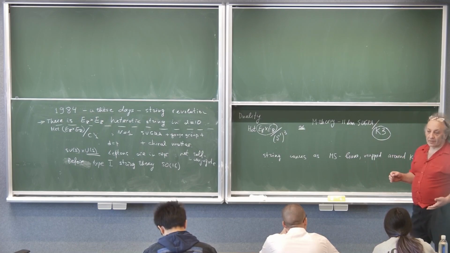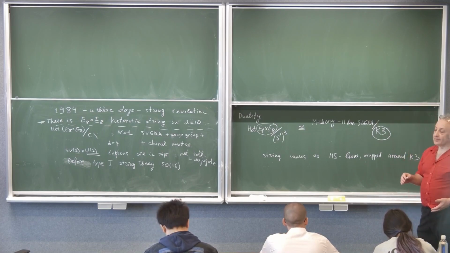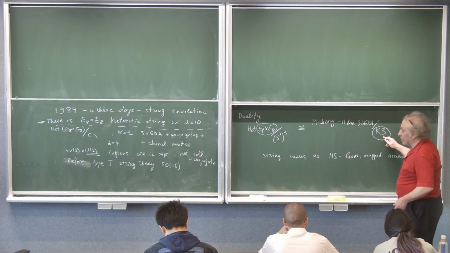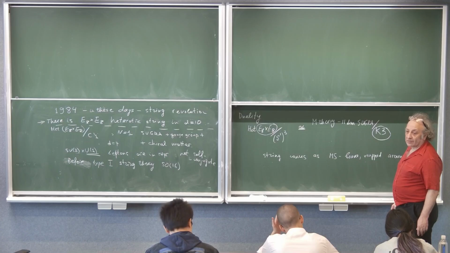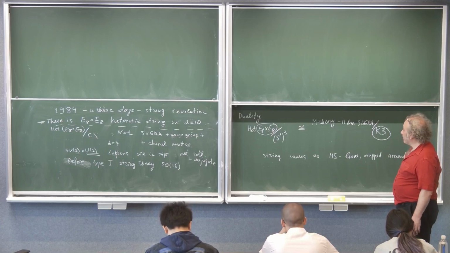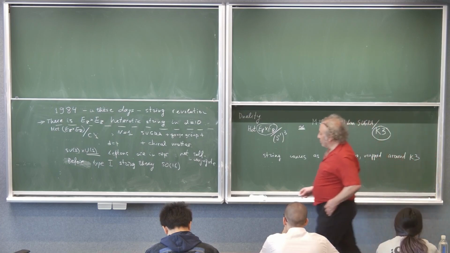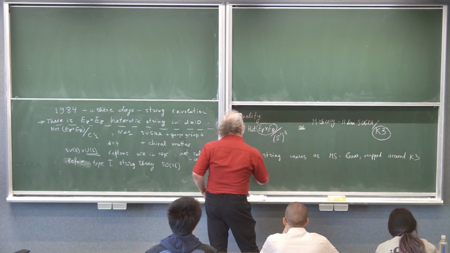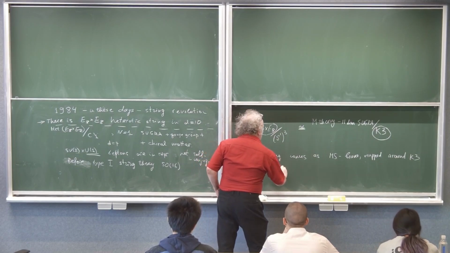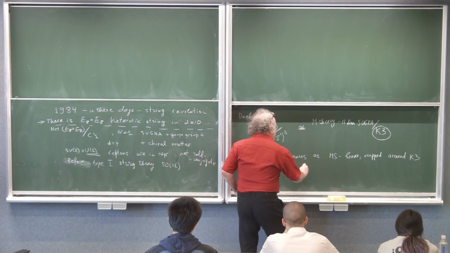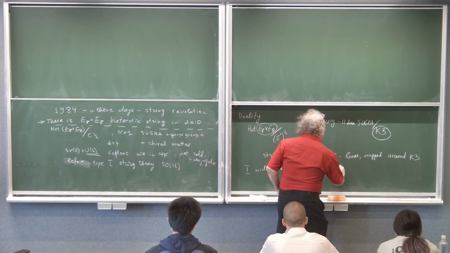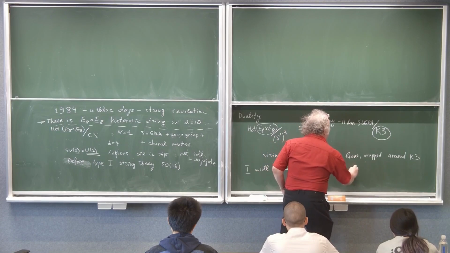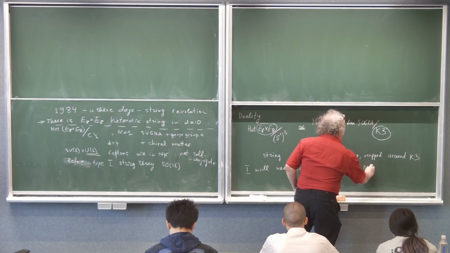So if I have a 5-brane and I wrap it about K3, I'll get a 1-brane. It's a string. So I will need to know the theory on M5.